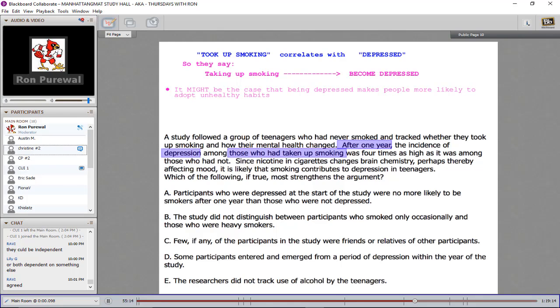So if you could rule this out, you could strengthen the argument by ruling this out. But there's no answer choice that does that. So, oh well. But if you could rule that out, that would definitely strengthen the argument.